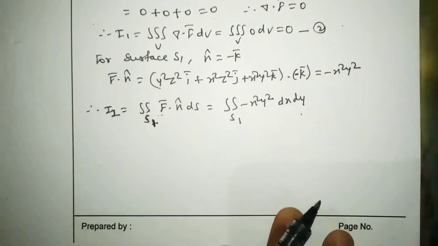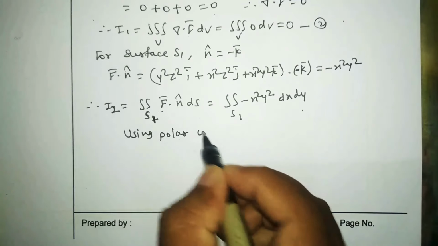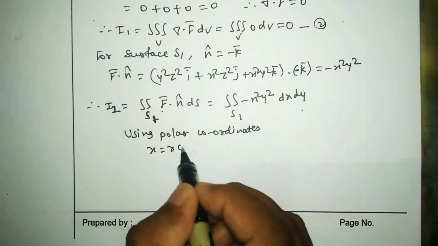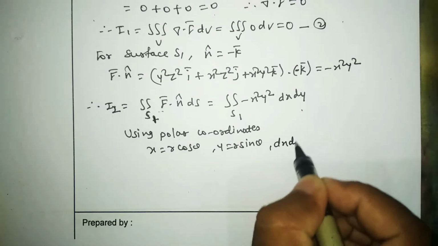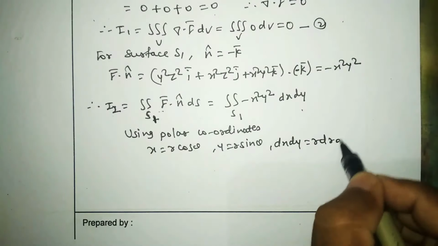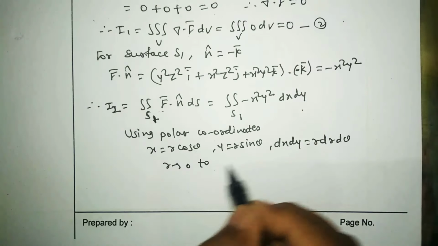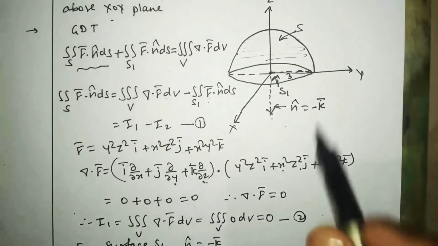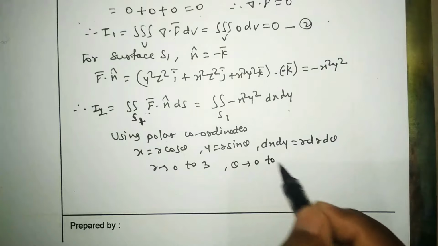Now using polar coordinates, put x equals r cos theta, y equals r sin theta, dx dy equals r dr d theta. Then the value of r varies from 0 to 3, the radius, and for the complete circle theta varies from 0 to 2 pi.